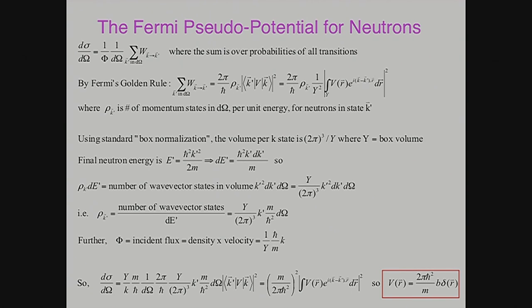So Fermi recognized that and worked out, through what's called Fermi's golden rule for transitions between quantum states, and you can go through this if you care, that the effective potential inside a material for neutrons was just a delta function at each one of the nuclei multiplied by a bunch of constants here, and this b, which is the scattering length that we've talked about already.